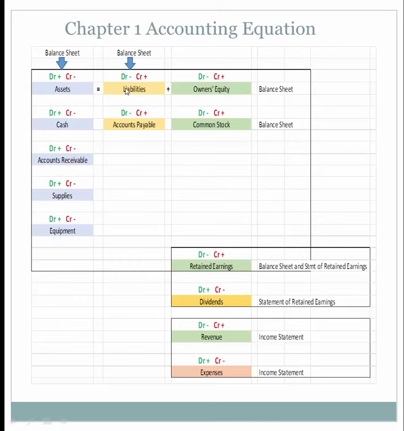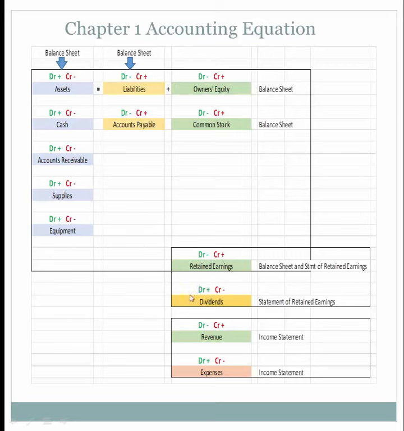Conversely, we can see with the liabilities, the accounts payable that we learned about in Chapter 1, it's increasing with the credit. The same with common stock, which is found under the owner's equity accounts. It's increasing with the credit. Retained earnings, which also increase owner's equity, increase with the credit.